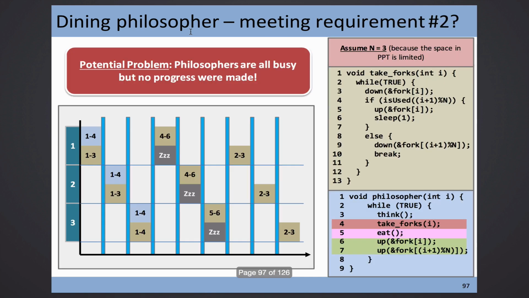Let's take a look at the code. I will check if the next fork, at line 4 here, is used or not. If it is being used, I will call put down, to animate the action of putting down. So I pick up the fork, I find that the next fork is in use, and put it down.